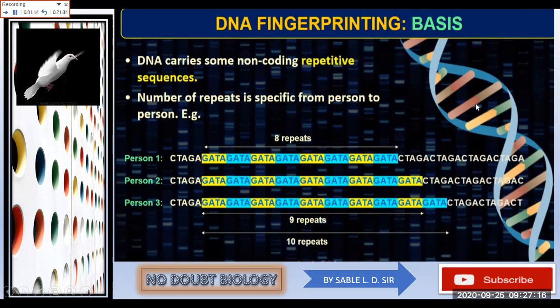Okay, in person 2 what happened? In person 2, CTAGA is also copied and repeated, again 8 times. Person 3 is also copied, but with 9 repeats. So CTAGA is repeated 9 times. Then again the same combination, CTAGA, CTAGA.